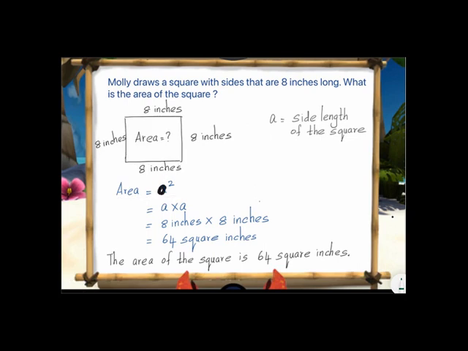A square can be written as A times A. A is the side length of the square. A equals 8 inches. Since it is a square, all the side lengths will be equal.